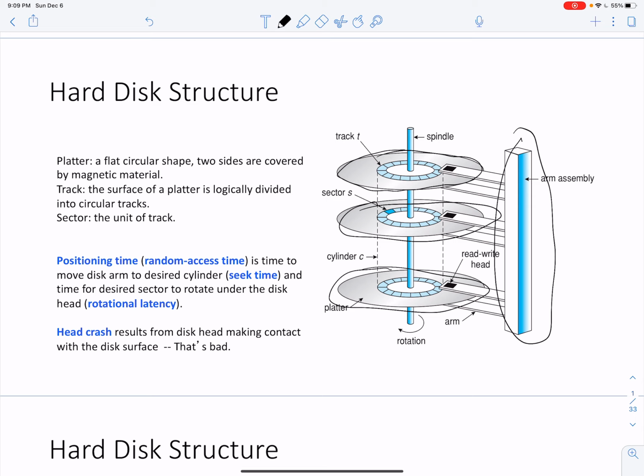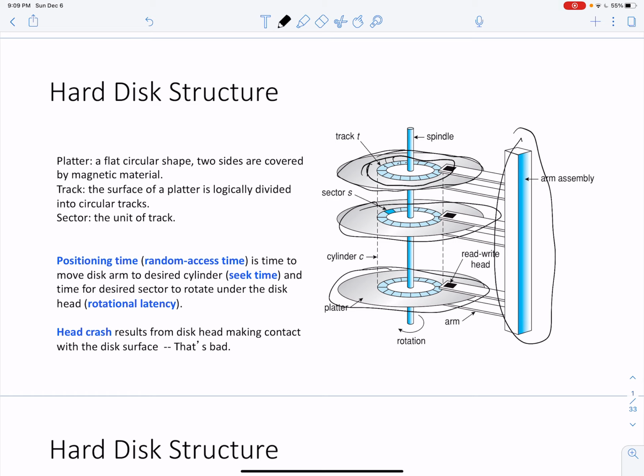Within each platter, for a certain circle using the same radius, we call it a cylinder. Okay, this is very important. Within different cylinders, we cut it into different small parts, and we call them sectors.